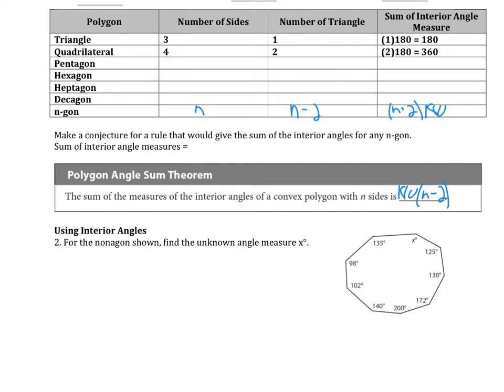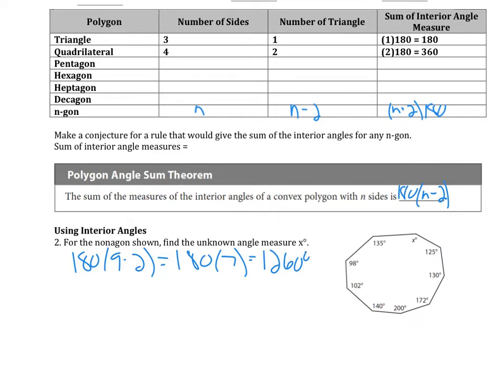So a polygon with 9 sides, we want to find the unknown angle measure of x. So we know the total of a nonagon is going to be 180 times 9 minus 2. So that gives us 180 times 7. Multiplying that out gives us 1,260 degrees.